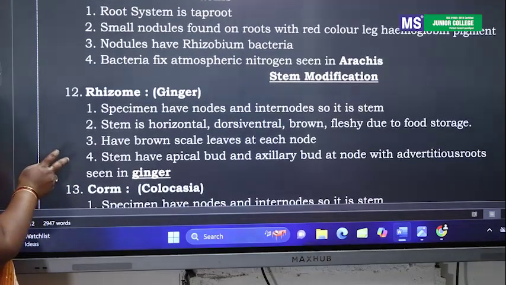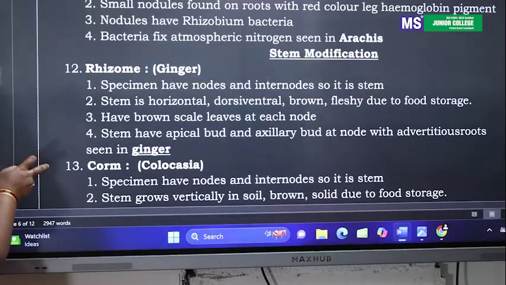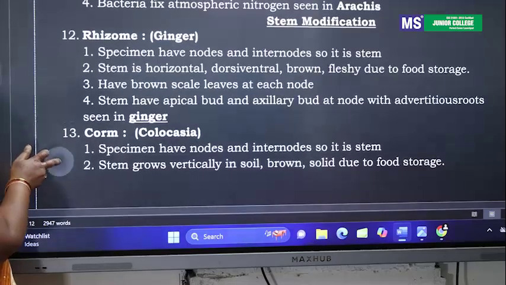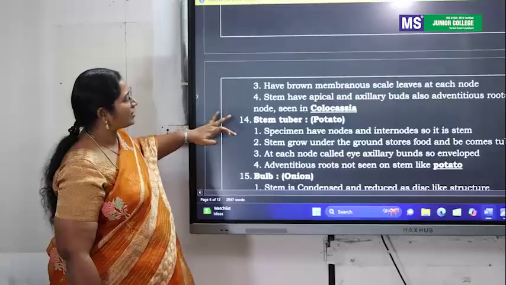Then nodular roots, example Arachis. The root system is a taproot system, small nodules are found, which have red color pigment like hemoglobin. Nodules have Rhizobium bacteria which fix atmospheric nitrogen, seen in Arachis.